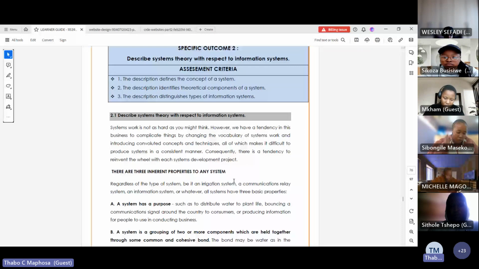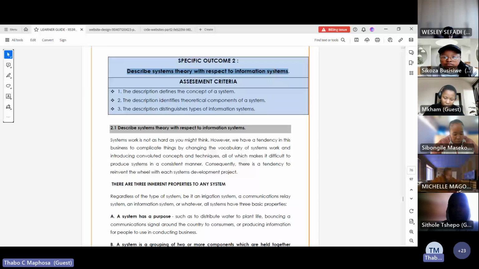Okay, specific outcome 2. Describe the systems theory with respect to information systems. So now we're looking at the systems theory with respect to information systems. What is the relationship between the two?